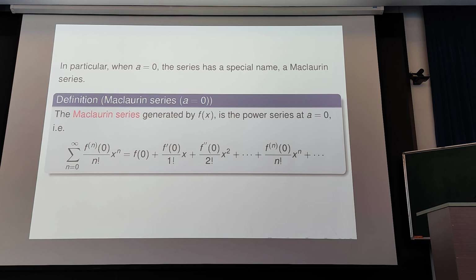That means this special series, the Maclaurin series, was right before the Taylor series. That is the reason it has the name of this mathematician. So the Maclaurin series is nothing but the Taylor series for a equal to 0.